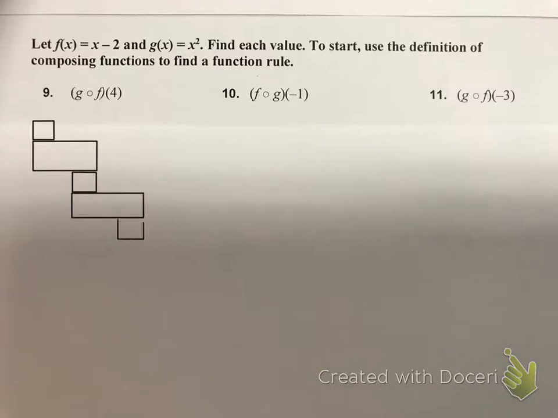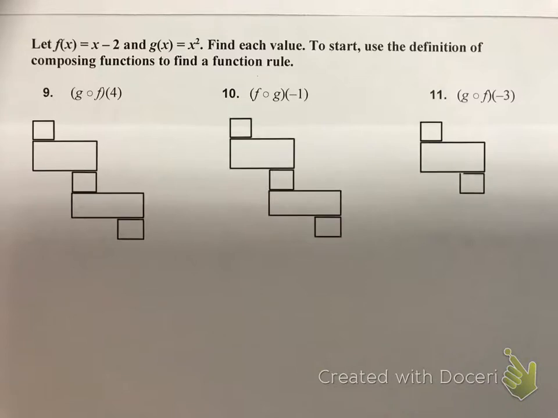Alright, here comes our composition of functions. My first one is, let's slow this down a little bit, g of f of x, where x is 4. Remember, we start at the right and go to the left.